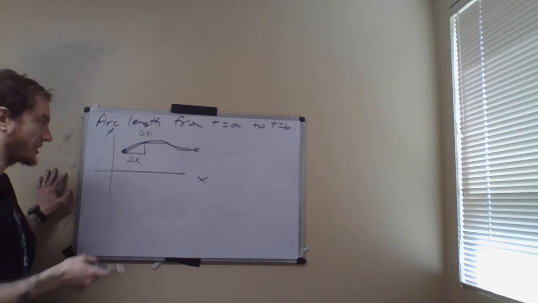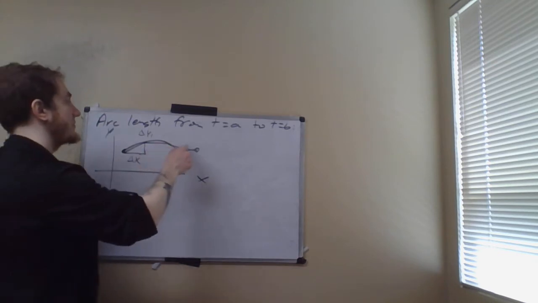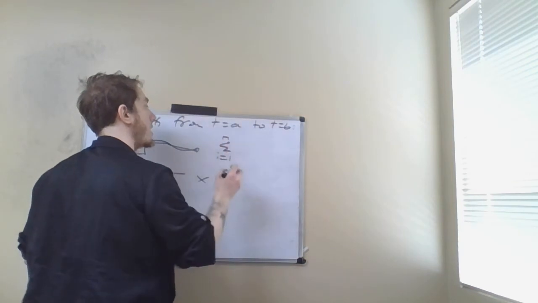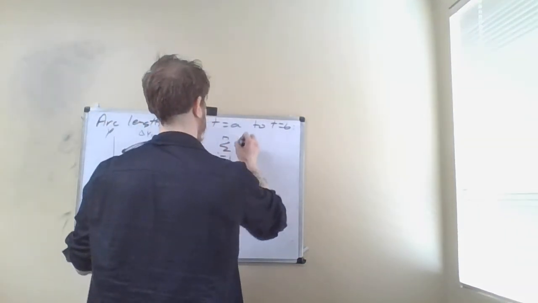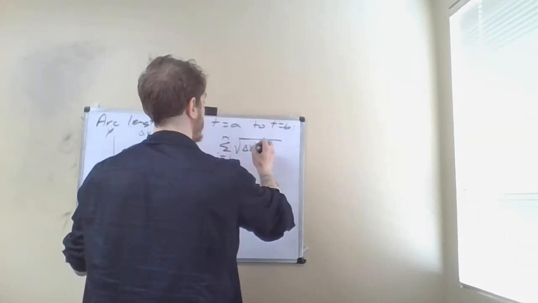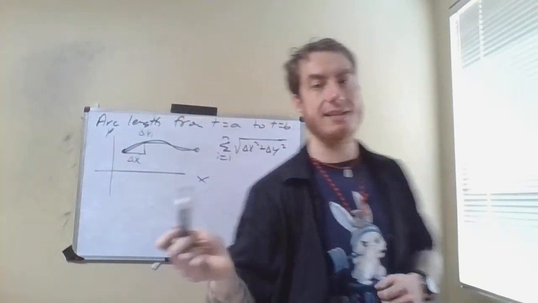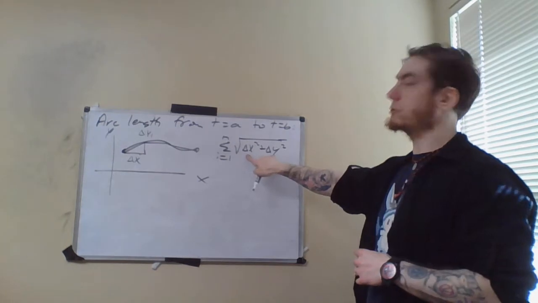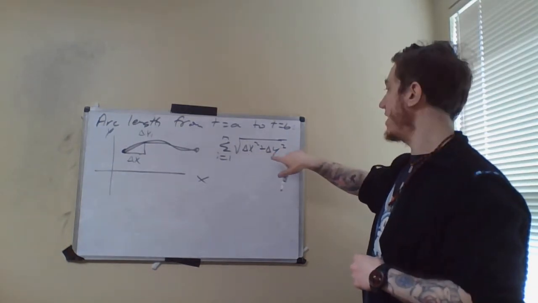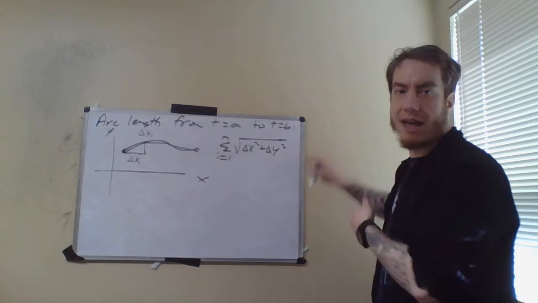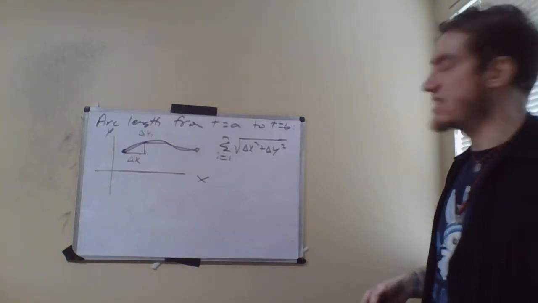Okay, that's perfectly fine. Then the total length is going to be the sum from i equals 1 up to n of the square root of delta x squared plus delta y squared. And then what we observed is that you could factor out a delta x squared here, and you get the square root of 1 plus delta y squared over delta x squared, times delta x. This gave us our formula.